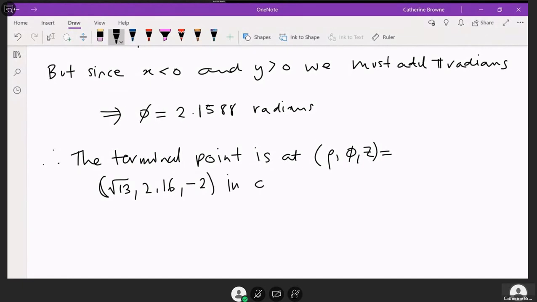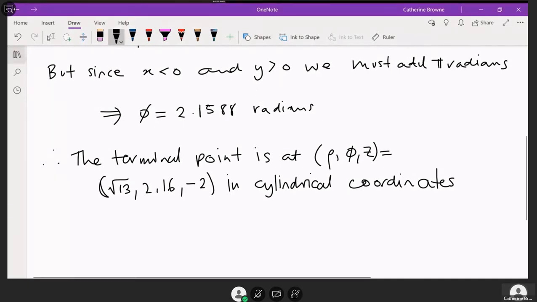And so that's in cylindrical coordinates. Did anyone have any questions about that one?